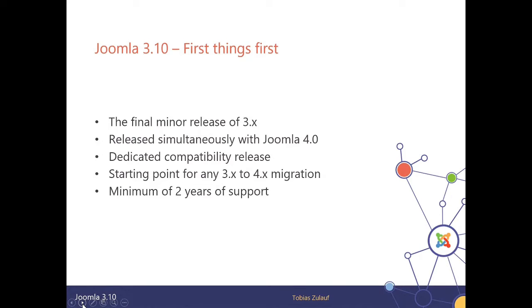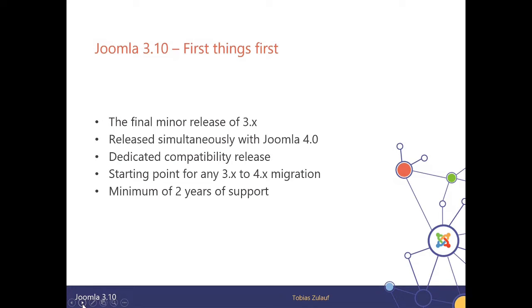It's intended to be a compatibility release, and will be supported for 2 years from the day it's released, as promised in the release strategy that we laid out. And 3.10 will also be the starting point for any migration. So there's no upgrade path from 3.9 or 3.8 directly to 4, but only via 3.10.